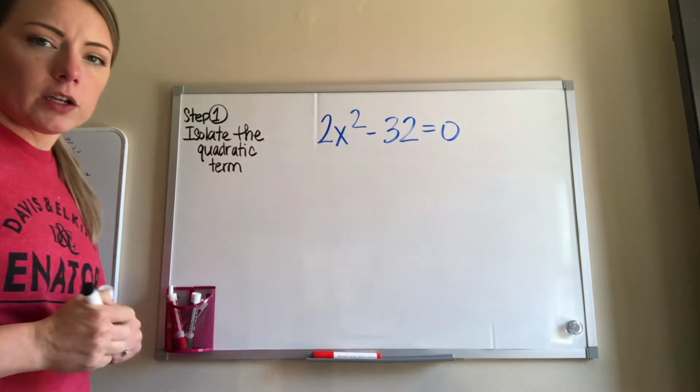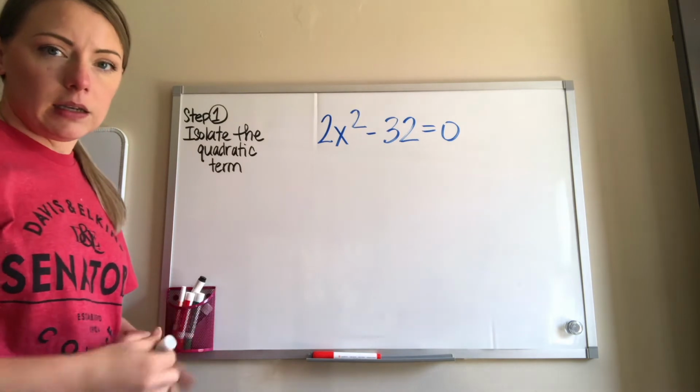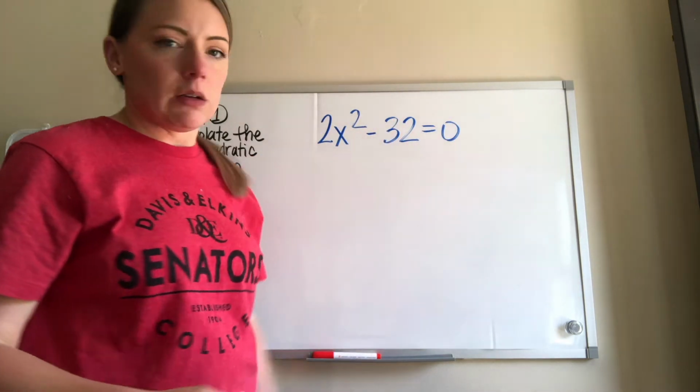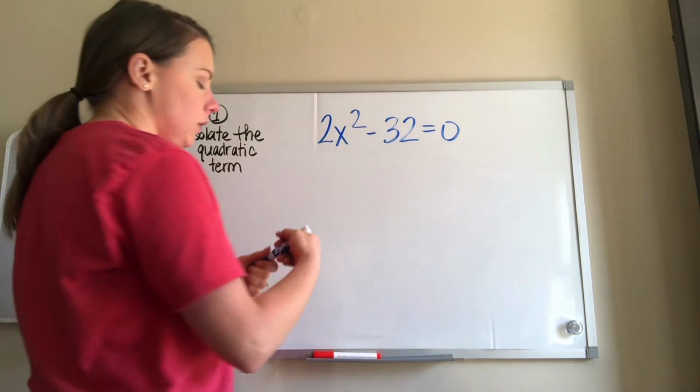My quadratic term is 2x squared. To isolate that term, I'm going to use the inverse operation to move the negative 32 to the right side. We all know how to do that.